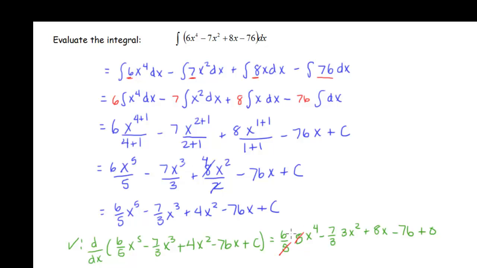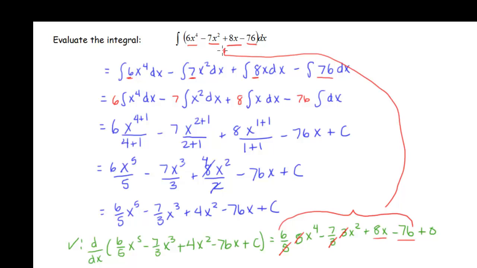These 5's will cancel, and we just have 6x to the 4th. We have 7 thirds times 3x squared. These 3's cancel, and I just end up with 7x squared. That's this second term. Here I have 8x. That's the third term. And here I have minus 76. That's the fourth term. So this should match what's in your original integral. And if it does, then it checks.